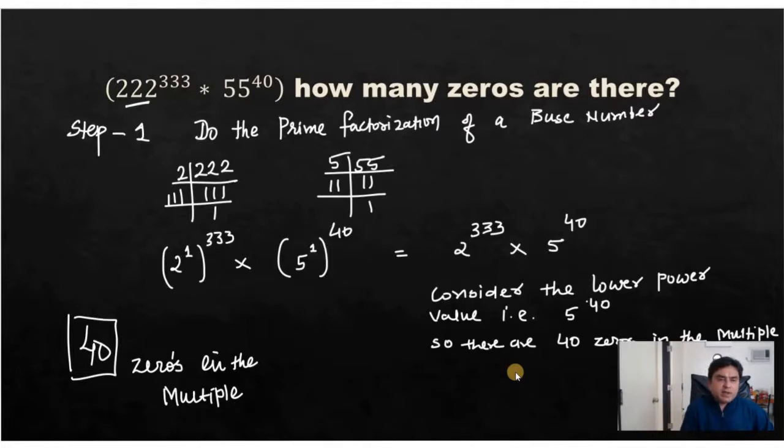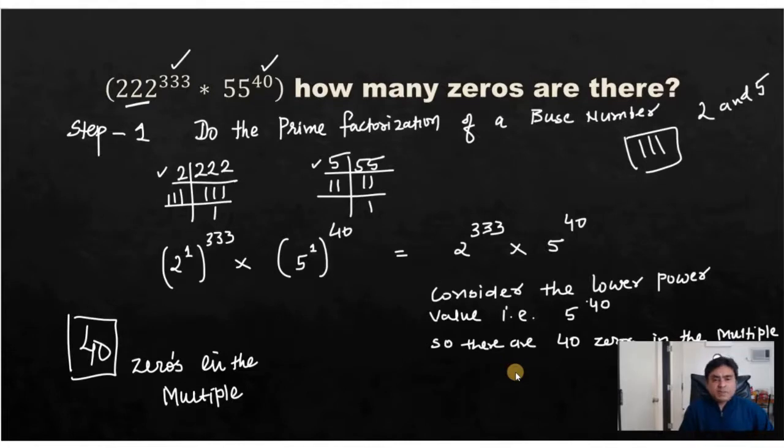Now here there is only one 2 and only one 5. So 2 to the power 333 and 5 to the power 40. We are not considering 111 and 11, we are considering only 2 and 5.